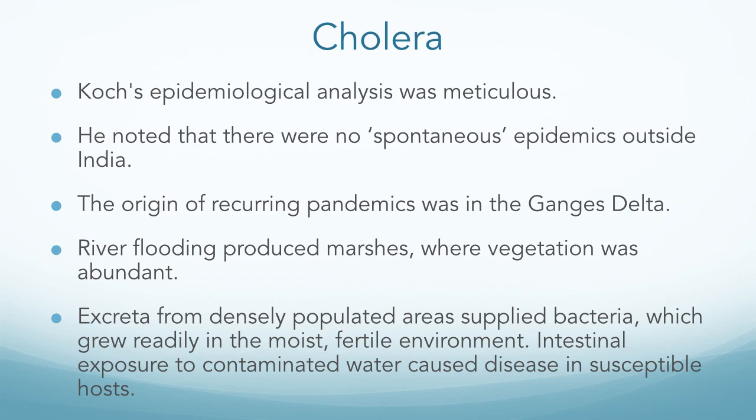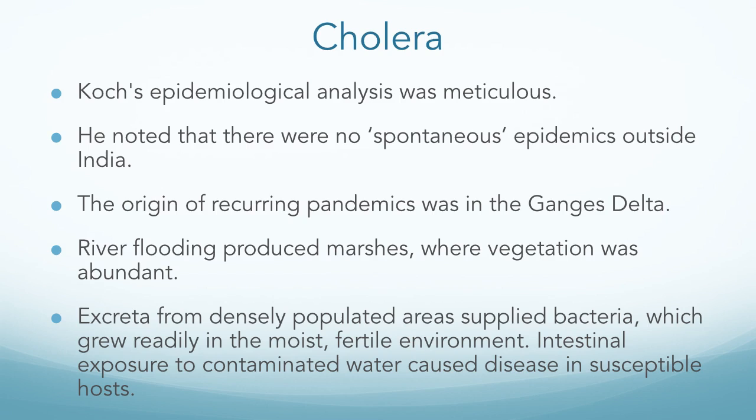Later, Koch started studying the epidemiology of the disease. His epidemiological analysis was very precise, and he noted that there were no spontaneous epidemics outside India. The origin of the recurring pandemics was in the Ganges Delta.